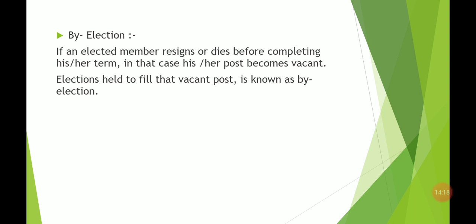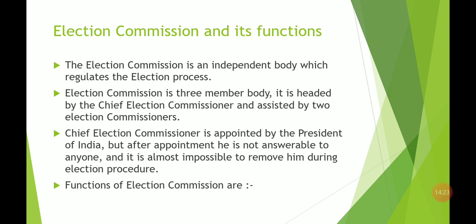So now let us move to the Election Commission. What is the Election Commission basically, and what are the functions of the Election Commission? I explained in the previous slide also, the Election Commission is to conduct the election.